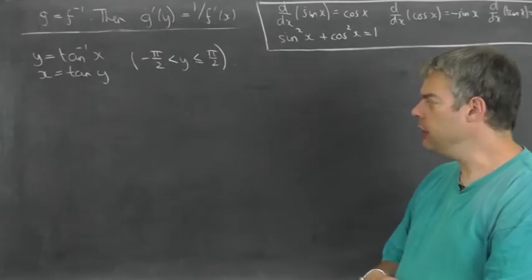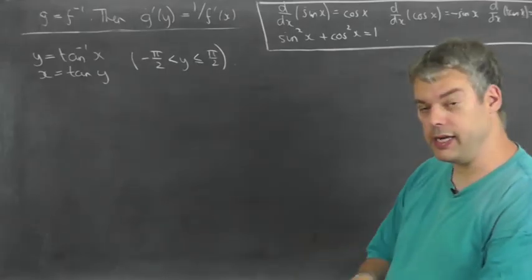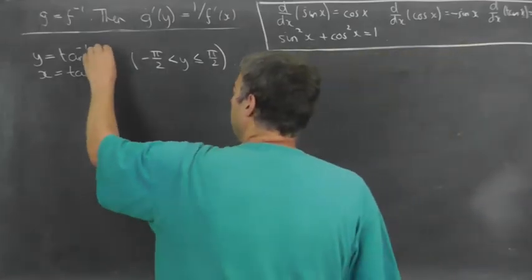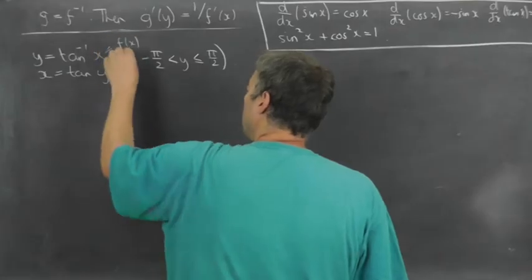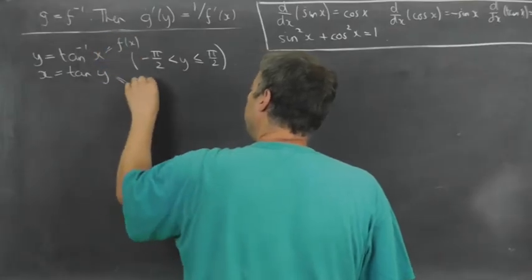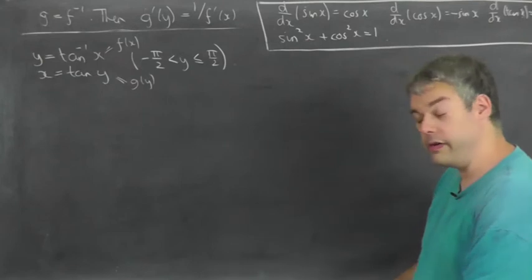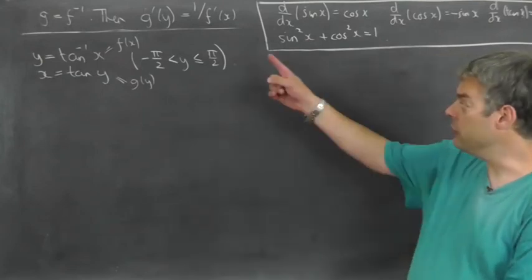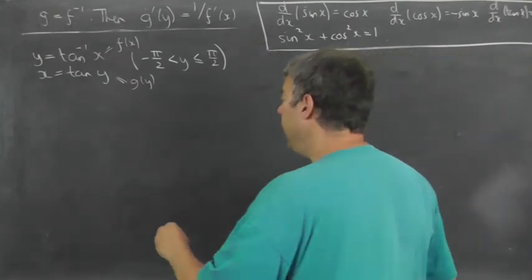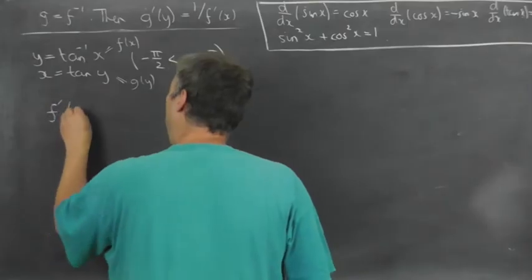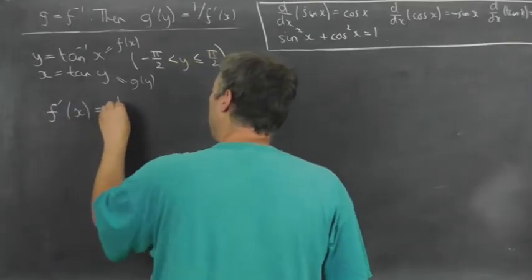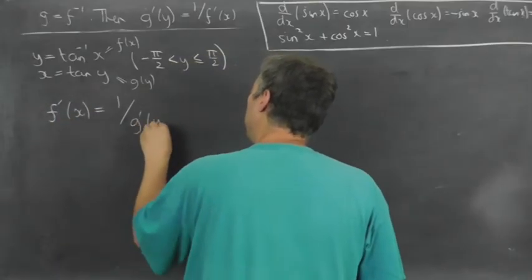So here again we can write f of x for tan inverse of x, and then the inverse function is g of y. And we're interested in finding out f dash of x, which we can do using our formula here. F dash of x equals 1 over g dash of y.